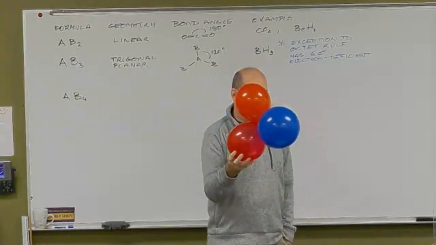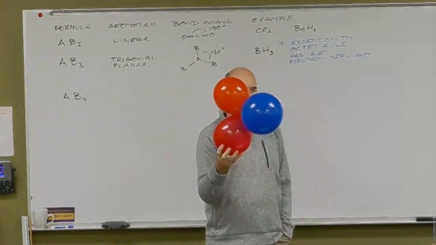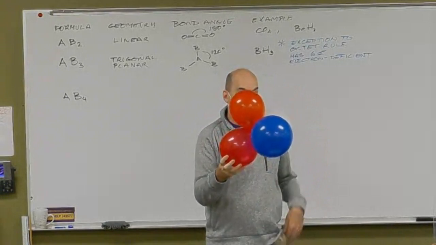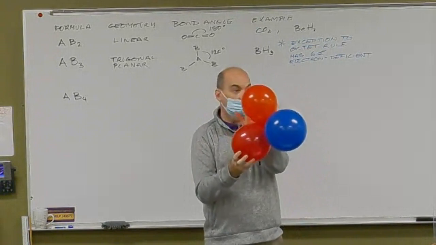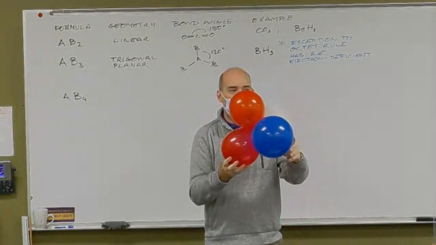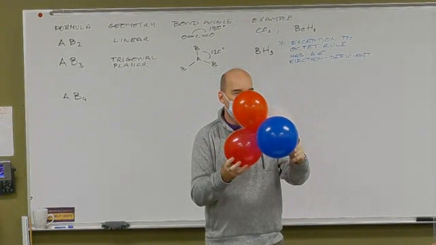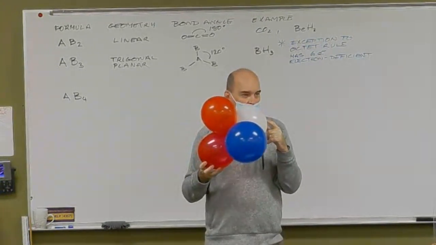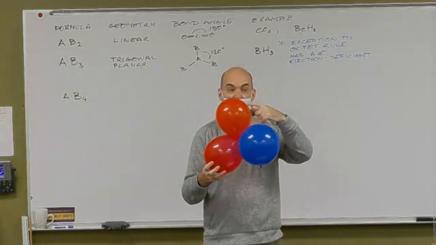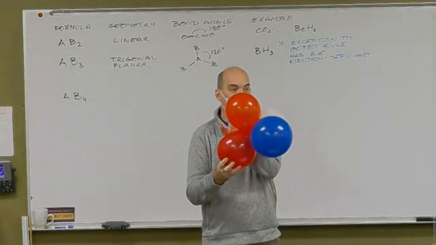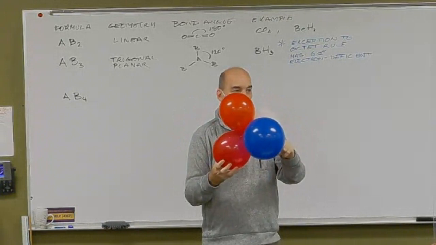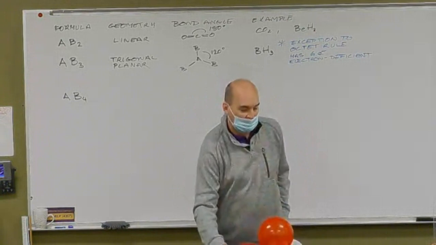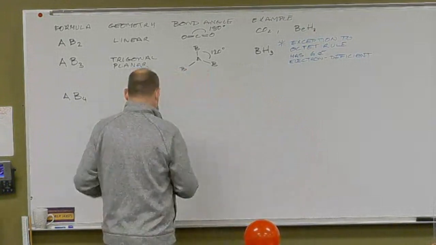The red bonds are in the plane of the board or in the plane of the paper, flat. The blue bond is pointing out towards you and the white bond is pointing away from you. So I'm going to use different lines to symbolize in the plane of the paper, pointing out towards you, pointing away from you. Here's how I'm going to do that.